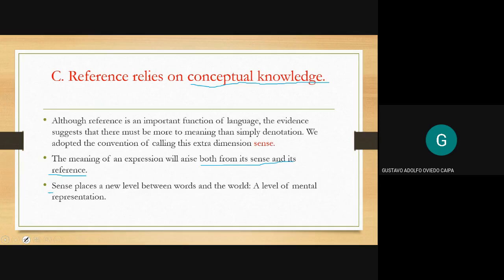What I want you to do right now is, first of all, I'm going to give some space here for questions and for doubts so far. And I want you to please go to Edmodo, to the semantics class, and find the document that I left there, and download it.